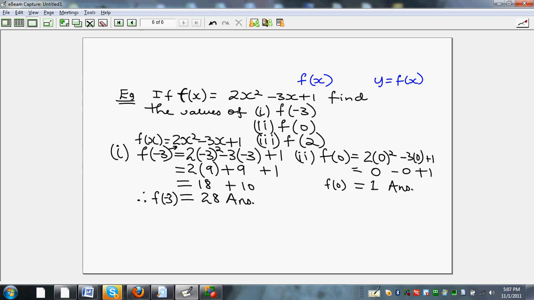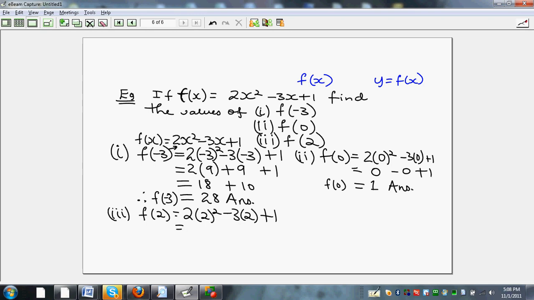And then the third part, same thing again. F of 2 simply means place 2 for x. So it becomes 2 multiplied by 2 squared minus 3 multiplied by 2 plus 1. X is replaced by 2 in this case.